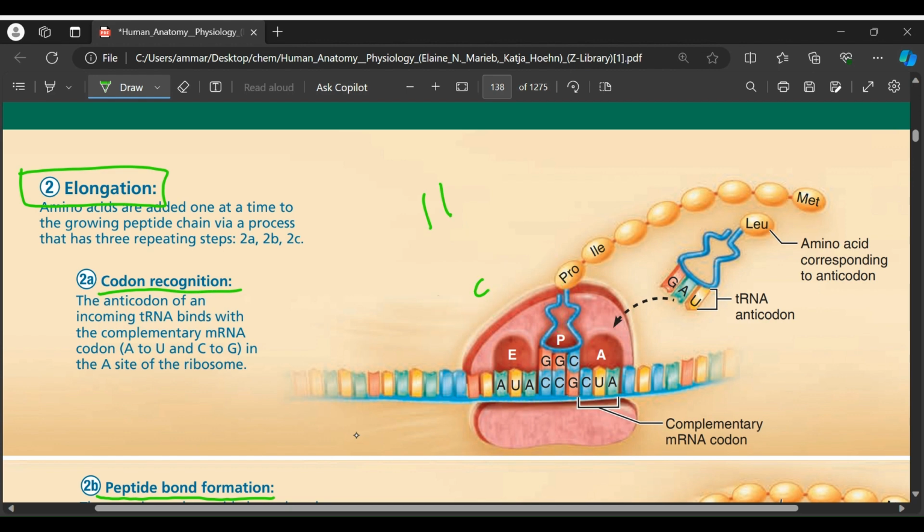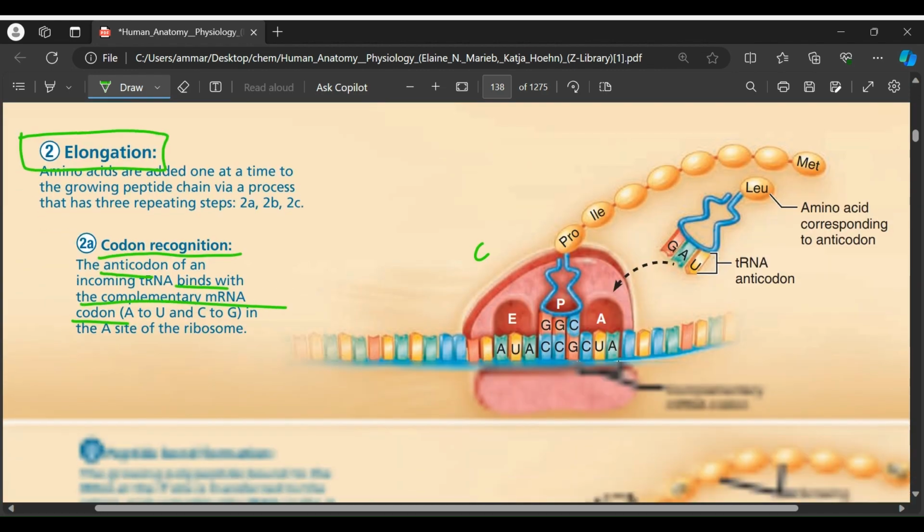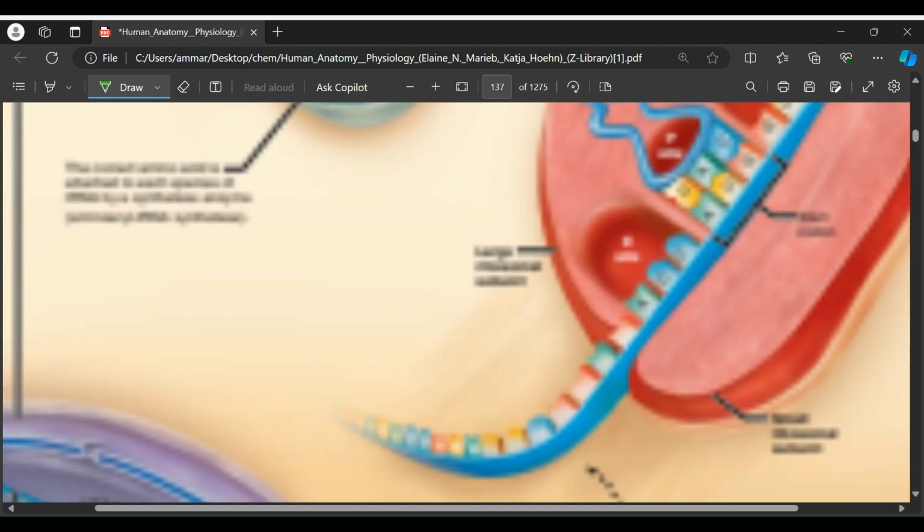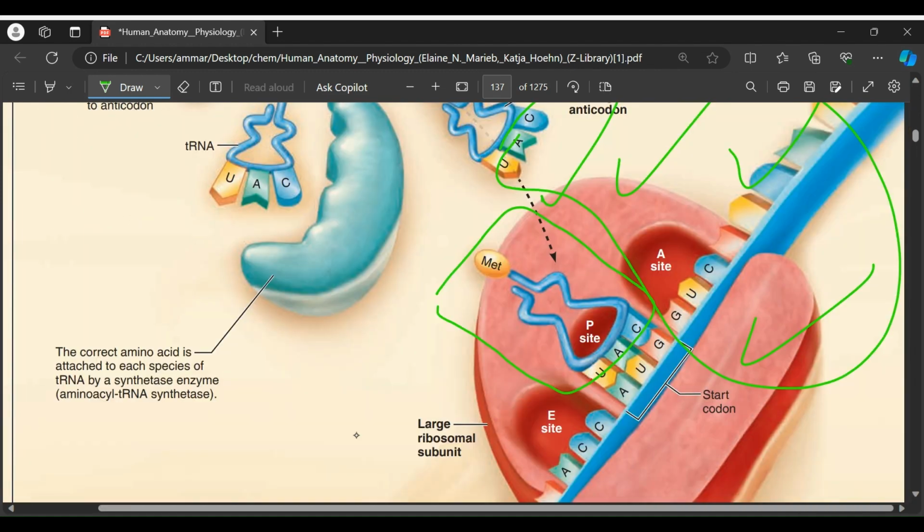That's why we said that the anticodon binds with the complementary mRNA codon in the A site of the ribosome. An important thing to know is that initiation starts here, in this site, the P site, not the A site.